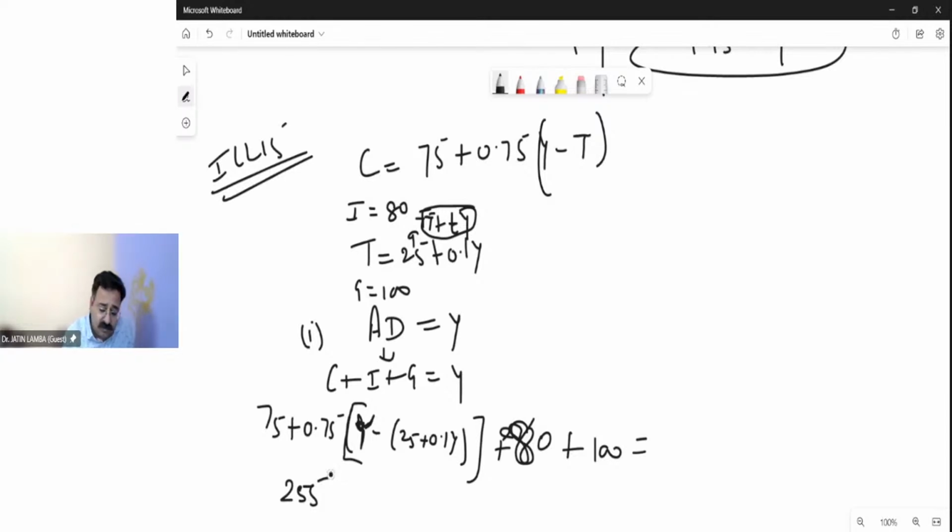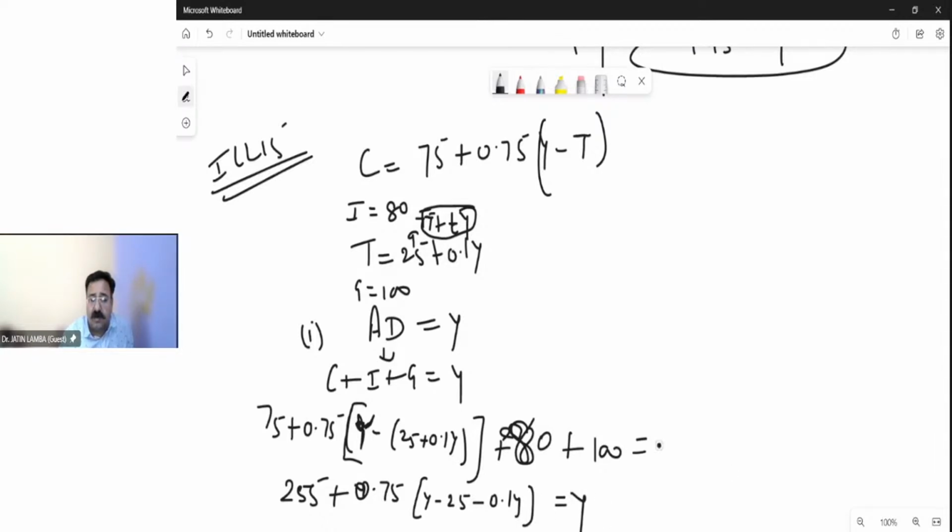So 255 plus 0.75 Y minus 25 minus 0.1 Y is equal to Y. Here it is equal to Y. It is 0.5, not 0.75.